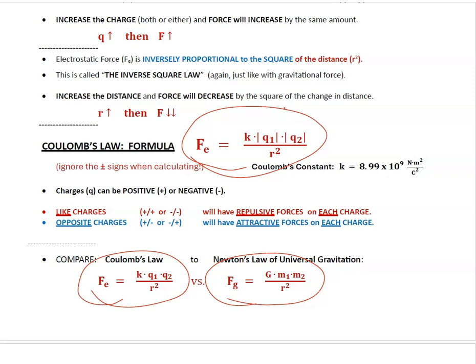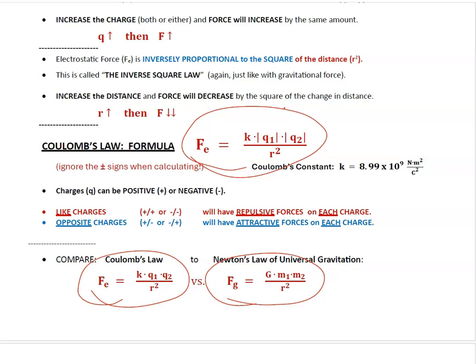In the case of Coulomb's law, we're again taking a constant, a different constant, Coulomb's constant, and now we're multiplying it by the two charges because charges are what are responsible for electrostatic force, and then you divide that again by the distance squared. So the formulas are very, very similar.